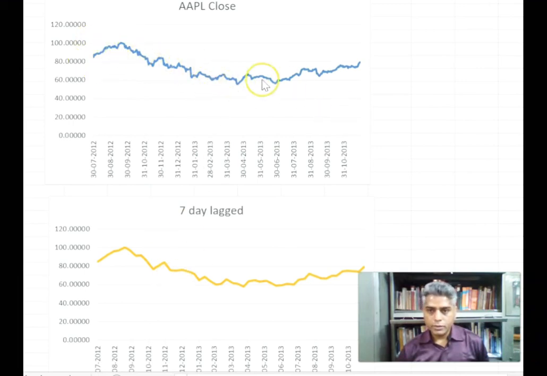There is a variation right here, there is a variation right here, and there is a similarity in the way they are varying, which is evident from the similarity in the graphical pattern. The way this covariance is standardized is through the standard deviations.